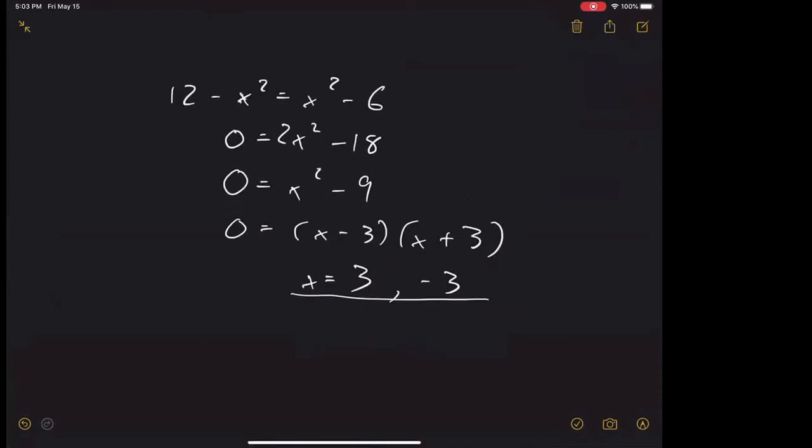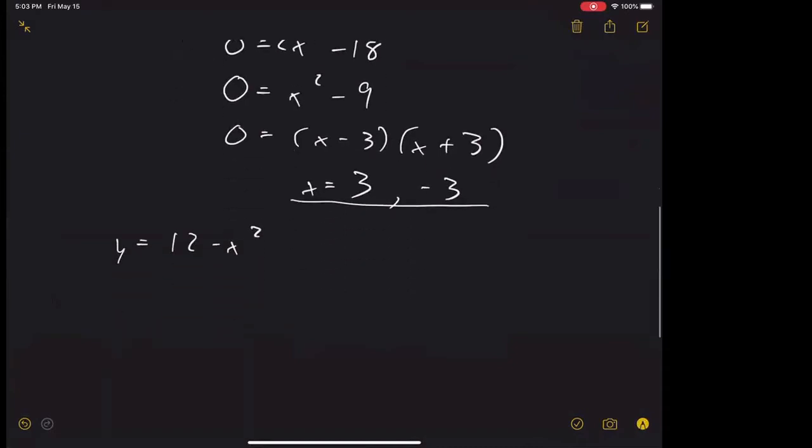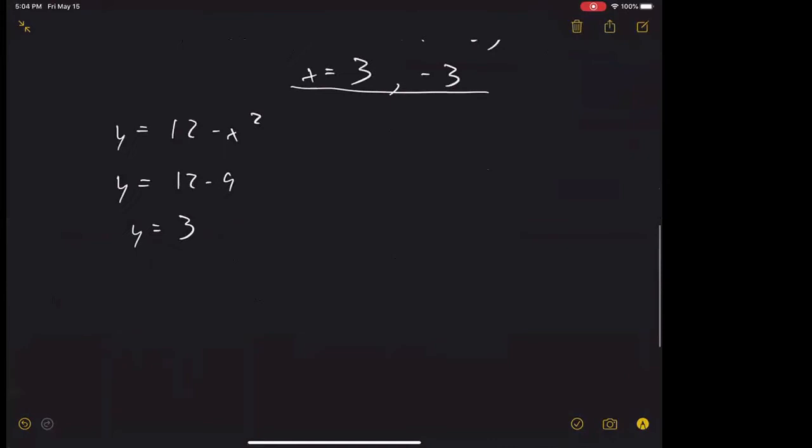So if I plug 3 into the equation 12 minus x squared, plug in 3 for x, I get, excuse me, y equals 12 minus 9. So y equals 3. And if I plugged in negative 3, I would get the same thing. So I know my curves intersect at negative 3, 3, and positive 3, 3.